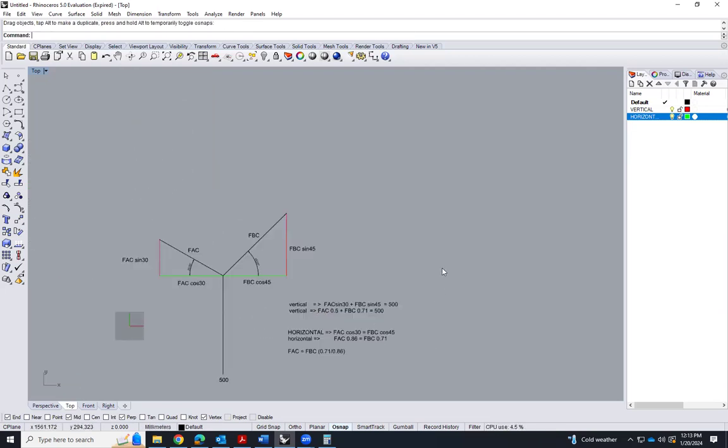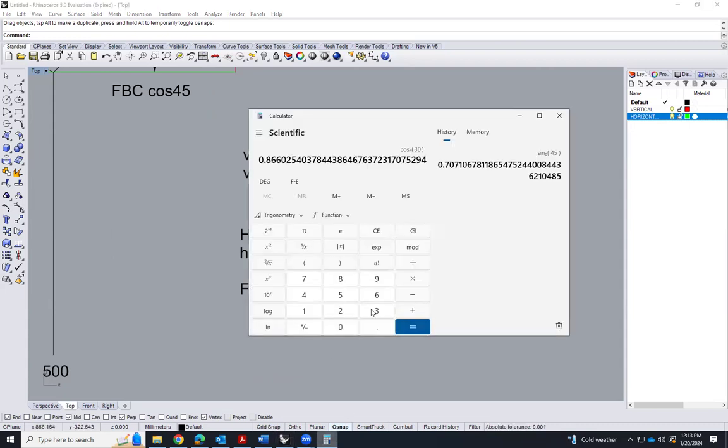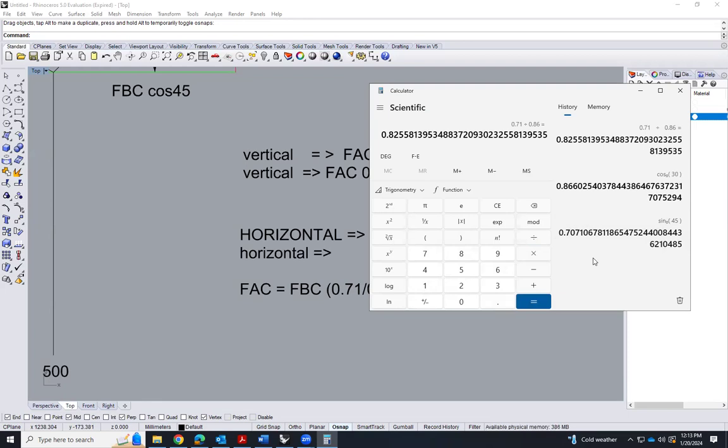So how much is it? FAC, I have to divide 0.71 divided by 0.86. And that is 0.82.